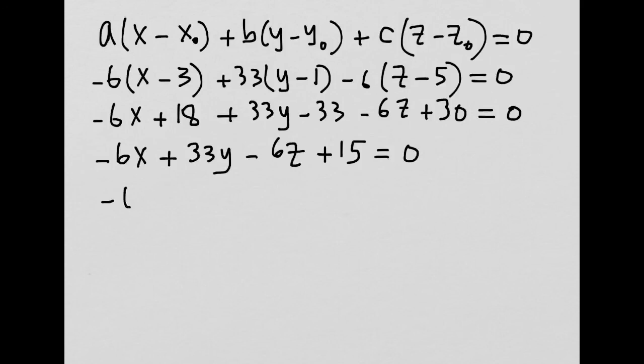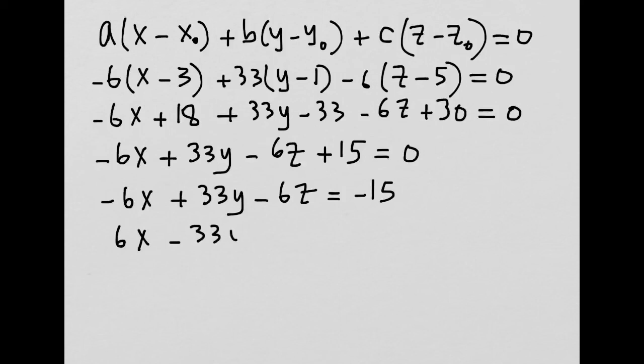That's equivalent to minus 6x plus 33y minus 6z equals minus 15. Or more pleasantly, if you multiply the whole equation by negative 1, we get 6x minus 33y plus 6z equals 15. That is an equation of the plane through the points A, B, and C.